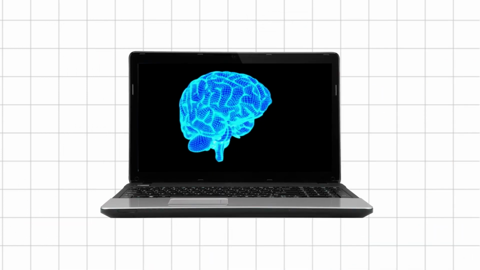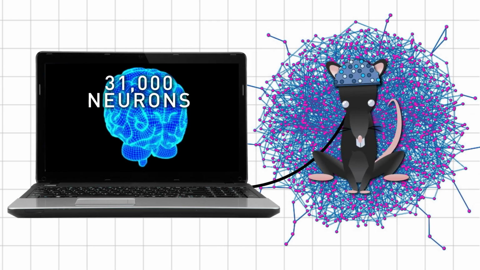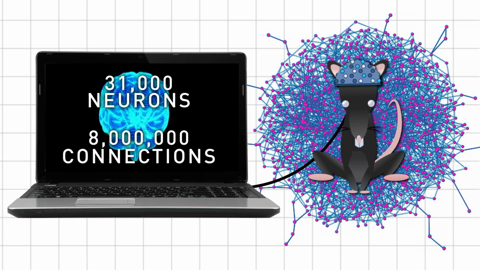This digital brain has roughly 31,000 neurons, or vertices in the case of the graph model, and 8 million connections, or edges.